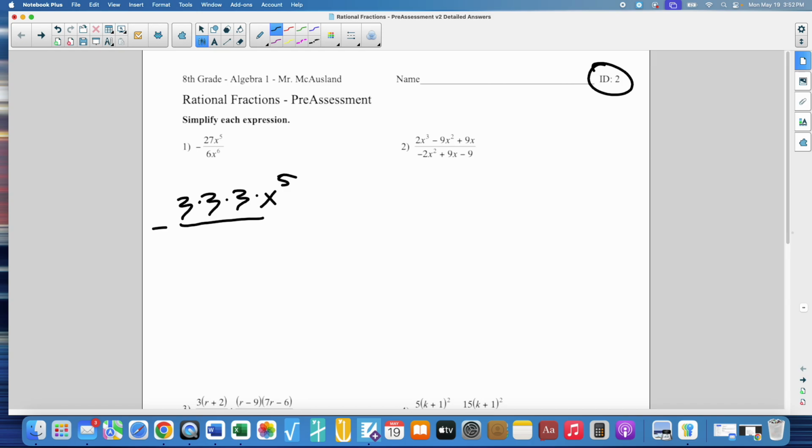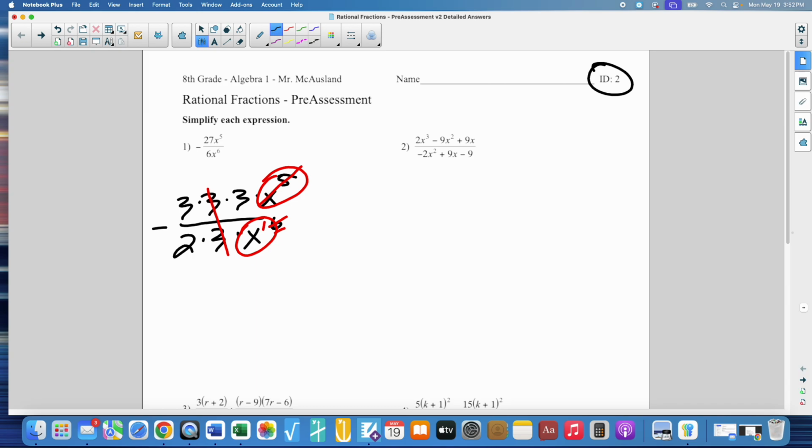And 6x to the 6th, I would break that down to this. And now we see that we can cancel one of the 3's. And we have 5 x's in the numerator, 6 in the denominator, so these 5 are going to cancel with 5 of the 6 down here. And that leaves you with x to the 1st in the denominator.